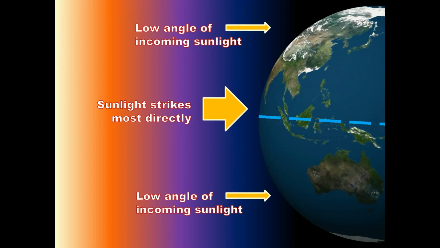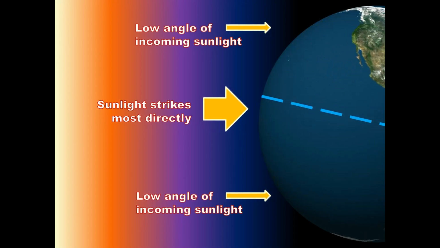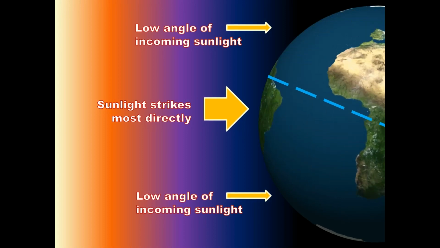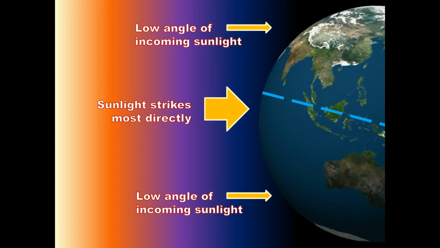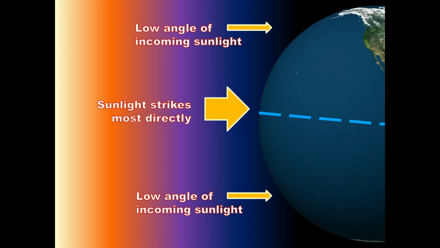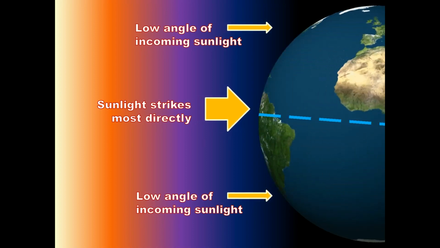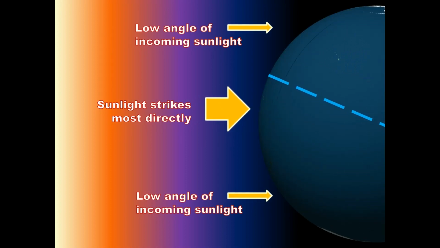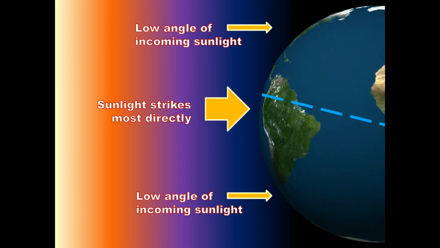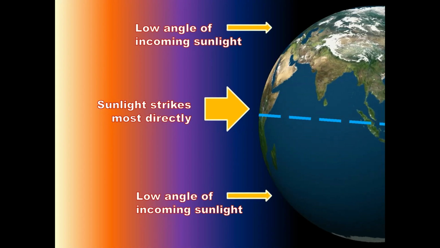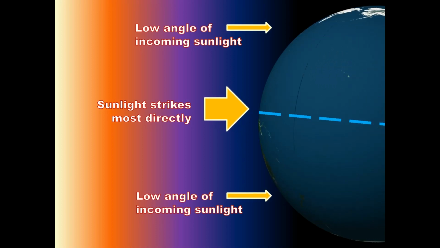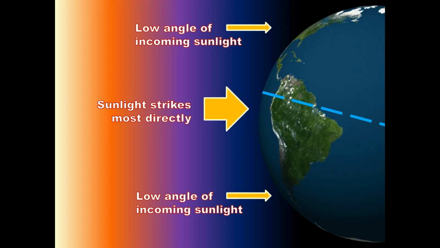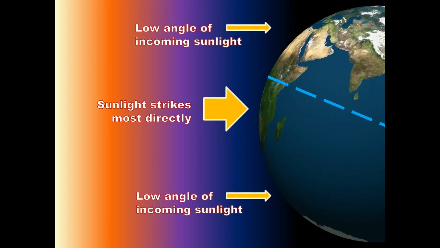You see how the surface of the Earth is curved away from the angle of the sunlight. And if the surface of the Earth is angled away from it, it's indirect sunlight. It's not going to be hitting it as strong. And if the sunlight's not hitting the surface of the Earth as strongly, it's going to be weaker. The warming effect is going to be weaker. So you're not going to get as much heat, as much sunlight at those points on the map.